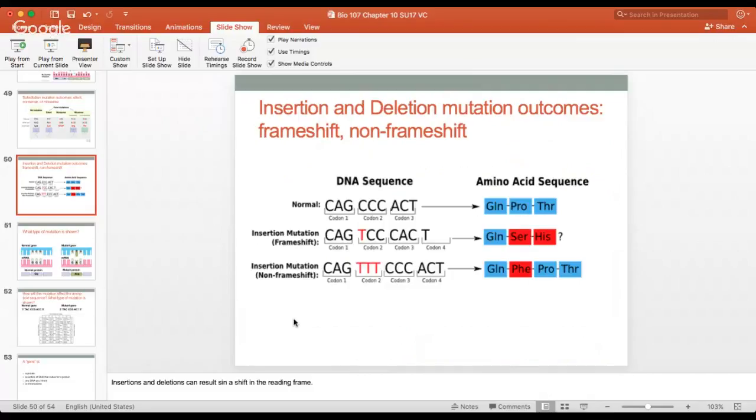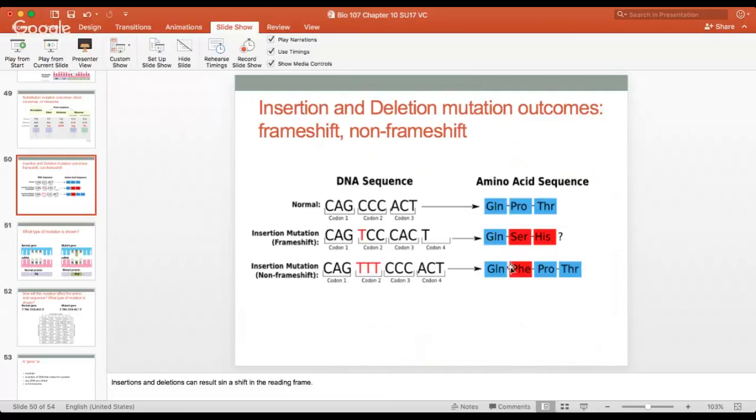Non-frameshift mutations happen if you insert or delete letters three at a time. So if we insert three brand new letters, we're still going to preserve our three-letter reading frame. We're going to shove this entire brand new codon in here, so that's still a mutation. We're changing the original sequence.